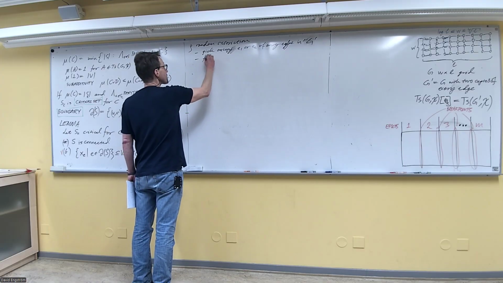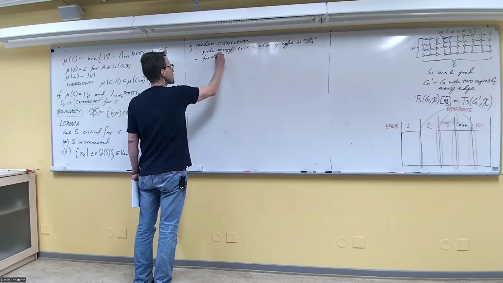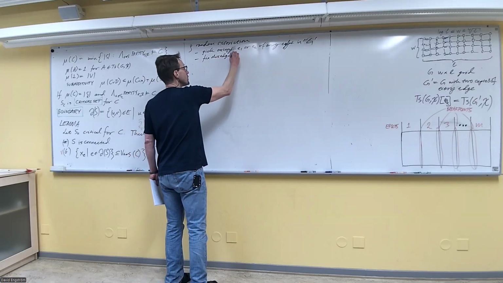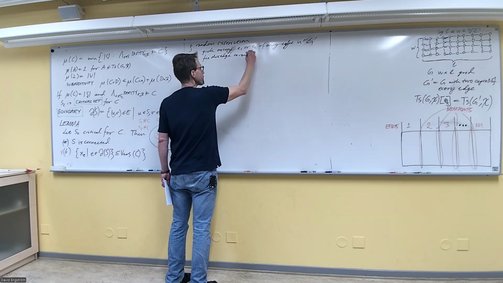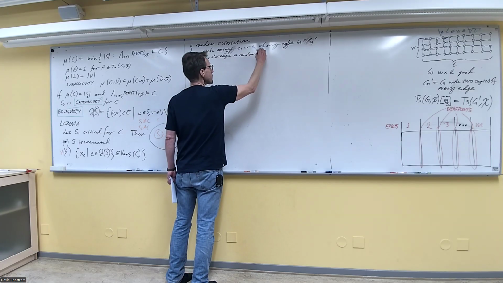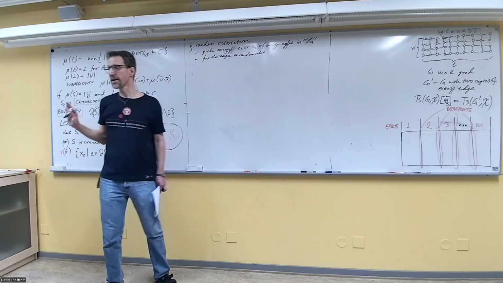And then it fixes this edge variable to a random value, again uniformly and independently at random.